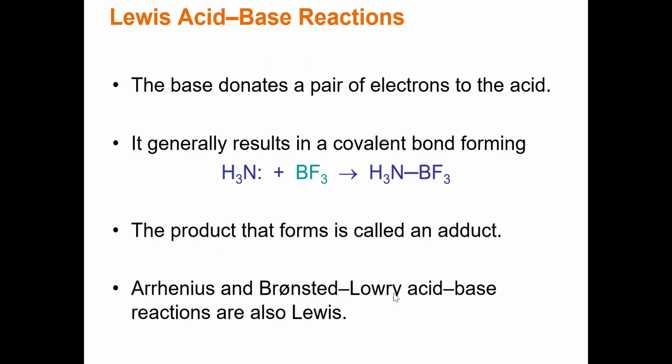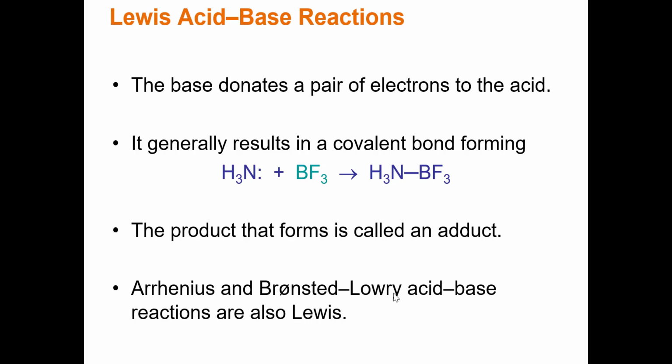Here we're looking at a Lewis acid-base reaction. So the base is donating a pair of electrons to the acid, and that will generally result in the formation of a covalent bond. So we have ammonia. We know ammonia can act as a base. We've seen it do that already. But in this case, instead of accepting a proton, we're having it react with something else.